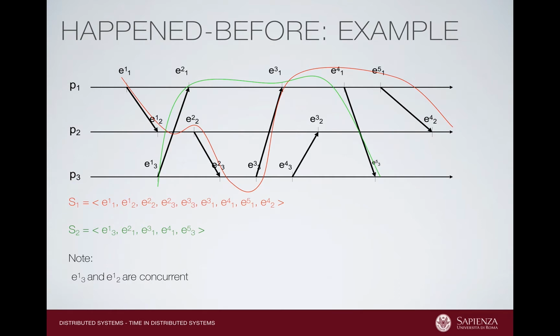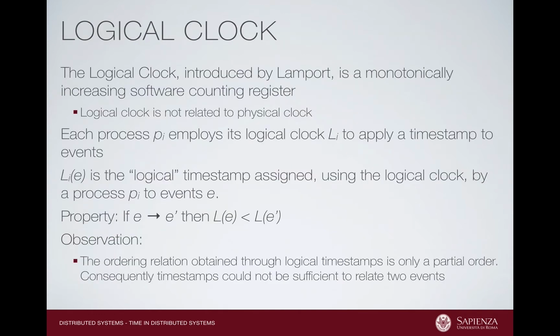In this case, it's a connection of actions on the same process, because process P1 receives the event E21, which is just a receive event. Then it has another receive event, and then it creates a send event. This send event creates on process P3 the receive event that will be the last event of the green line. So this is what happened-before means, if you want to look at it in a different way.